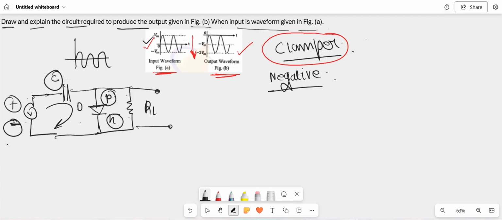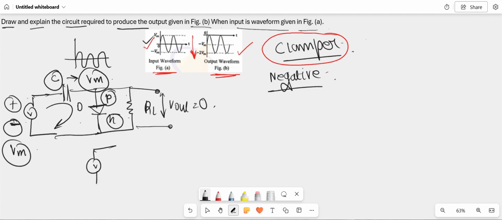I am assuming this AC power supply has a peak value of Vm, so the capacitor will get charged up to Vm volts. As the current gets shorted within this loop, we won't get any current flowing through the load resistance, and if we measure the output voltage across it, it will equal 0. This is the working condition of the positive half cycle.